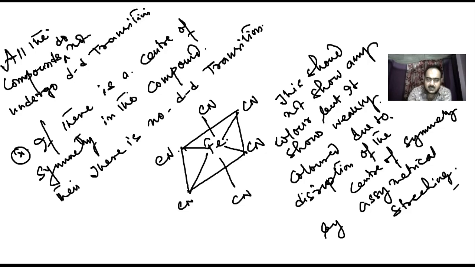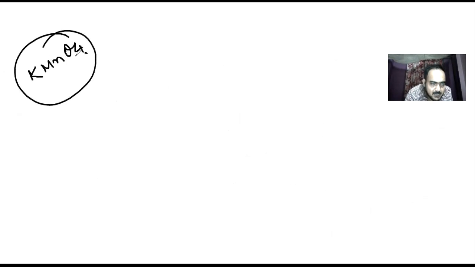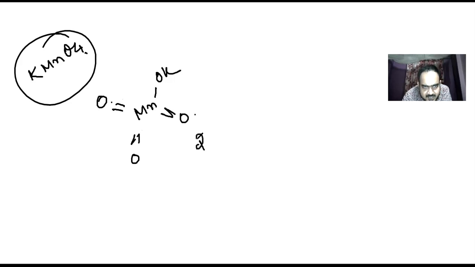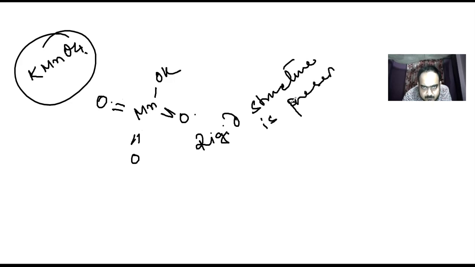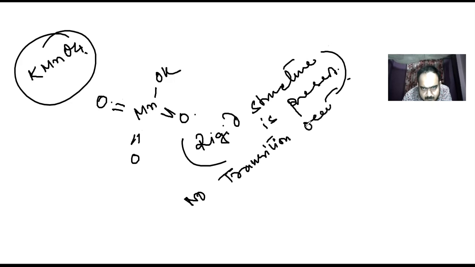But you can see there is a very good example here. You can see in KMnO4, permanganate, the rigid structure is present. As it is rigid in shape, no d-d transition occurs.